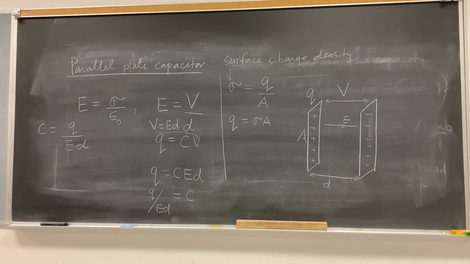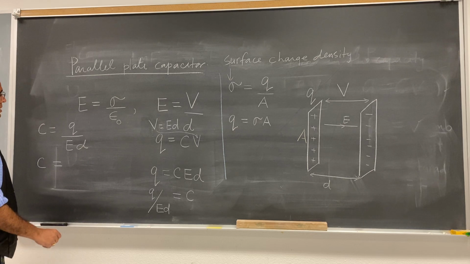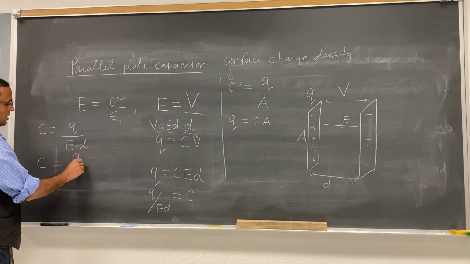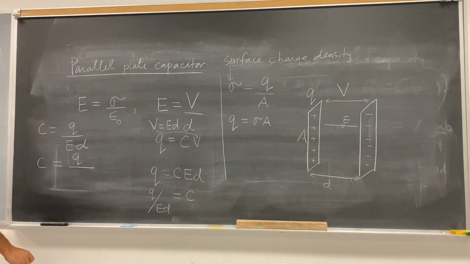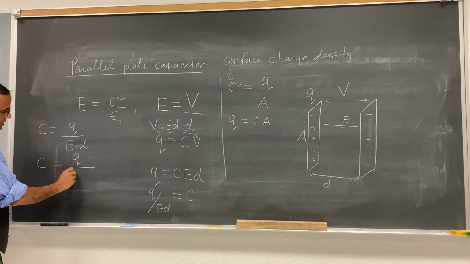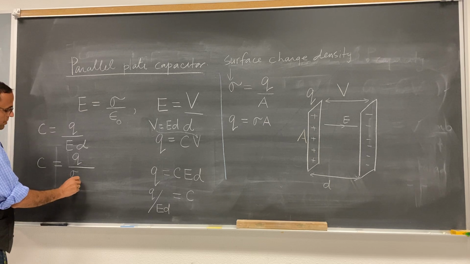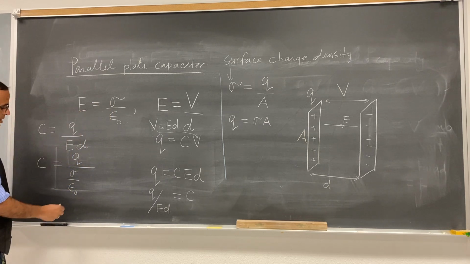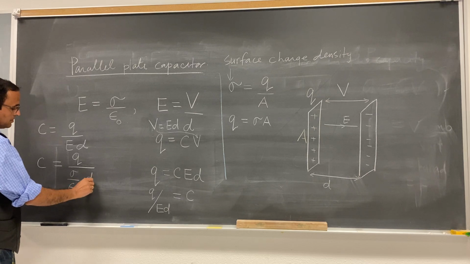So what is E? This E is sigma divided by epsilon 0.